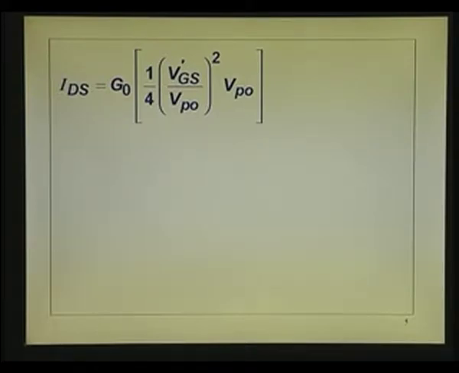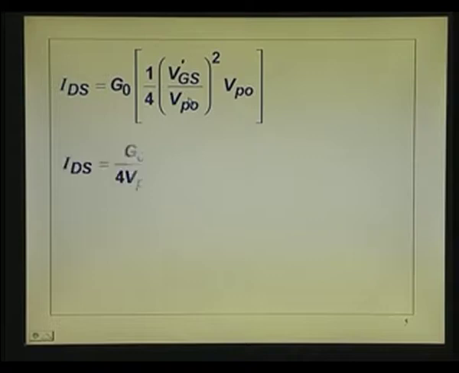So, after deriving the expression for the current, we said the current saturates when there is pinch off at the channel drain end, and then we have defined the term threshold voltage, Vbi minus Vp0, substituted in that equation, and made an approximation that VGS minus Vtn, that is VGS dash, is small compared to Vp0.